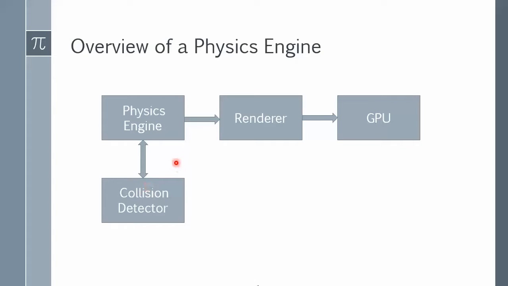But in a nutshell, the physics engine asks the collision detector if things collided, and then the collision detector will say yes or no. But it's the job of the physics engine to generate the proper collision response. For example, let's say the engine asks the collision system if a particle collided with a sphere, and let's say the collision detector says yes, it did. Now the engine has to decide where that particle should go.